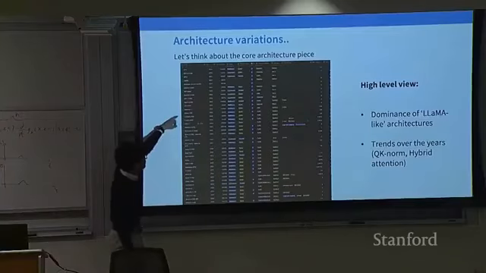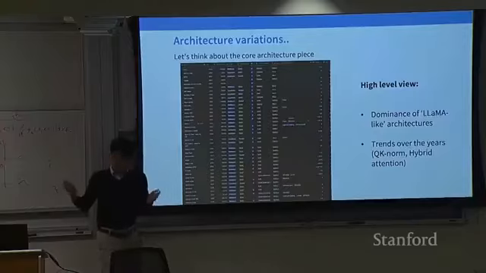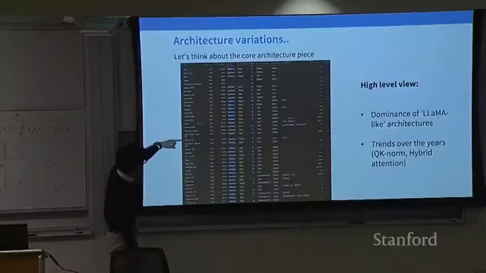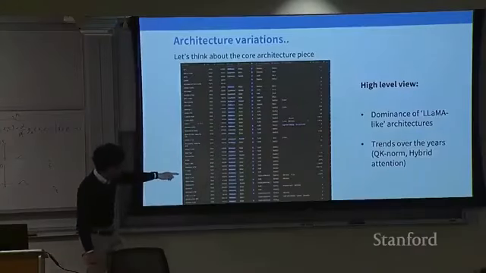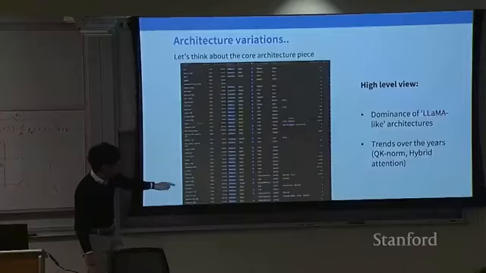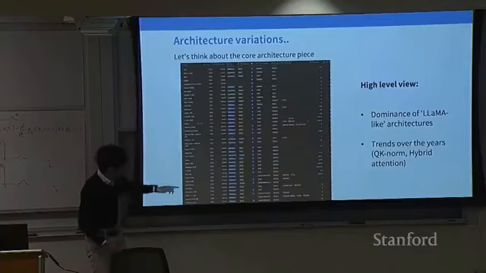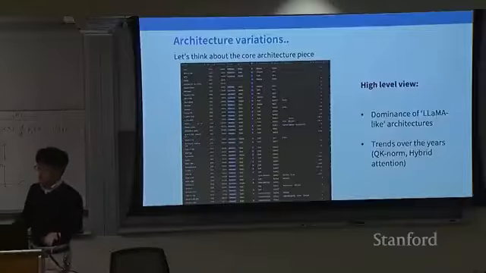And then Llama 2 comes out, and everyone's like, wow, Llama 2 is great. I want my own Llama 2. And so everyone starts training Llama 2 alikes with minor variations. And then finally, last year, we saw a trend towards architecture modifications that make training more stable. And this year, we see lots of trends towards architecture variations that enable longer context dependence.